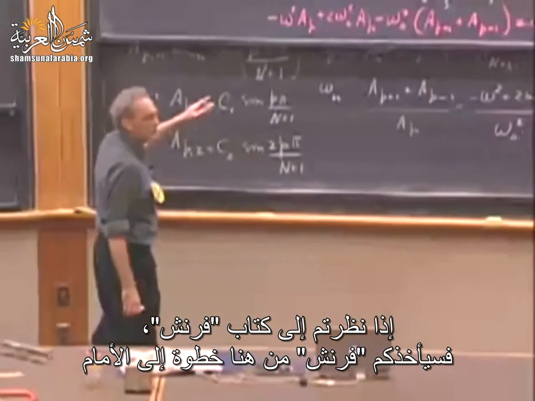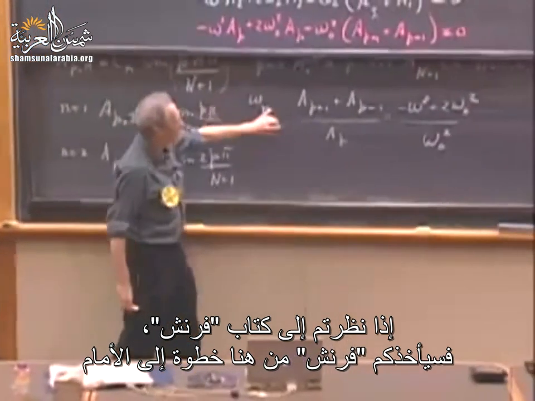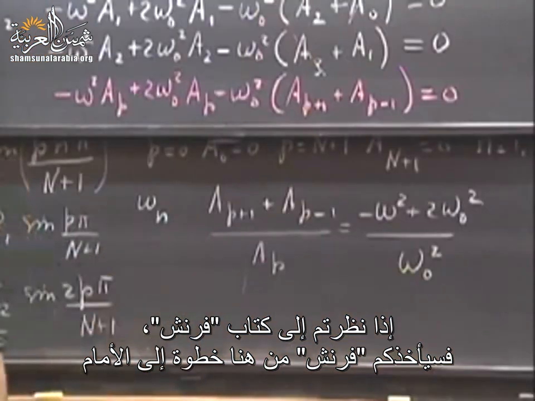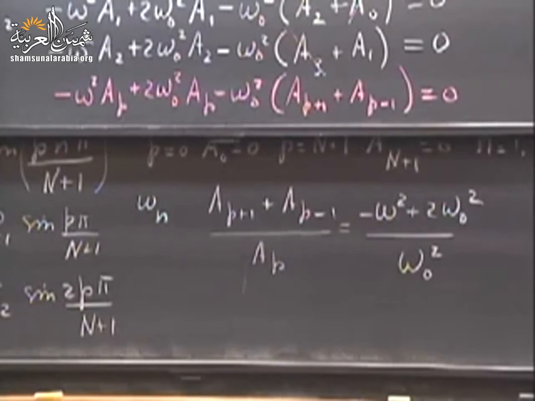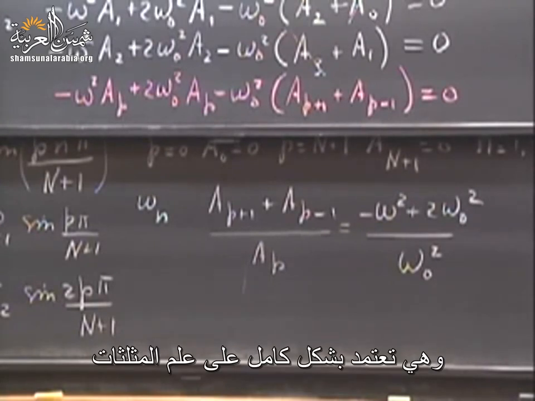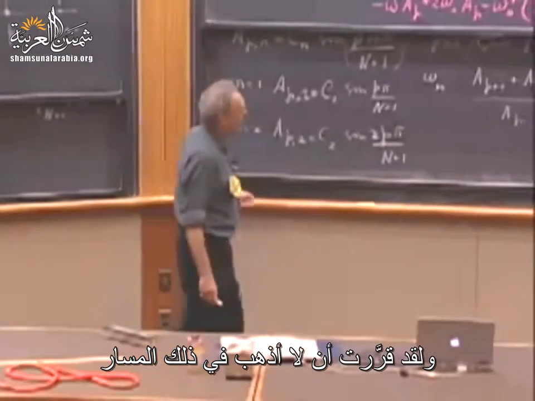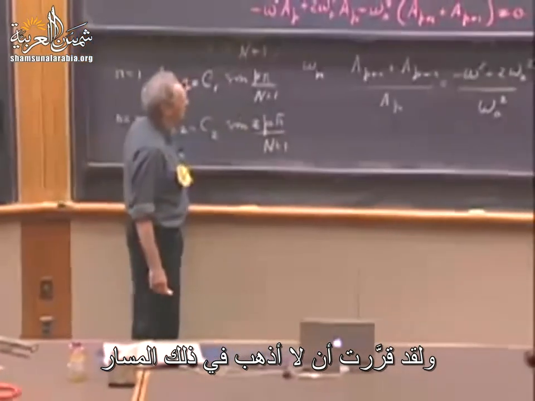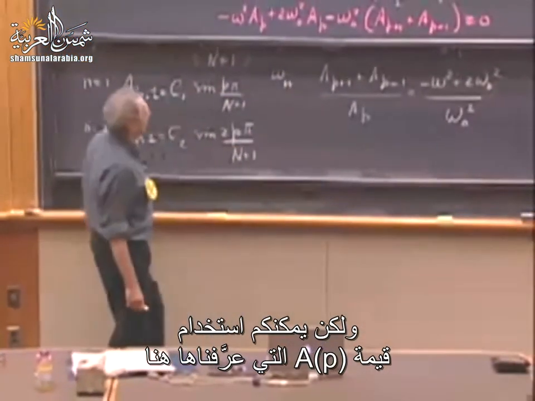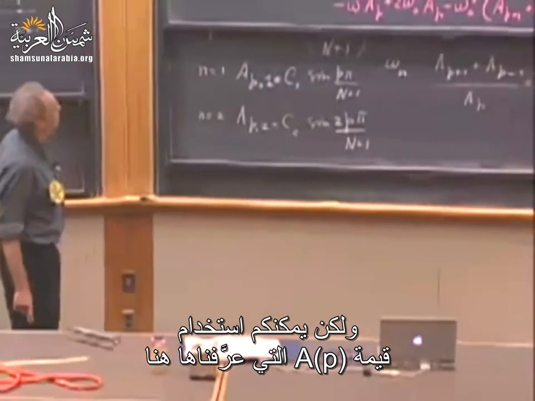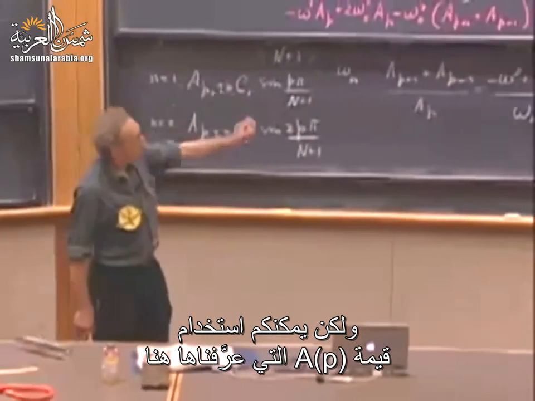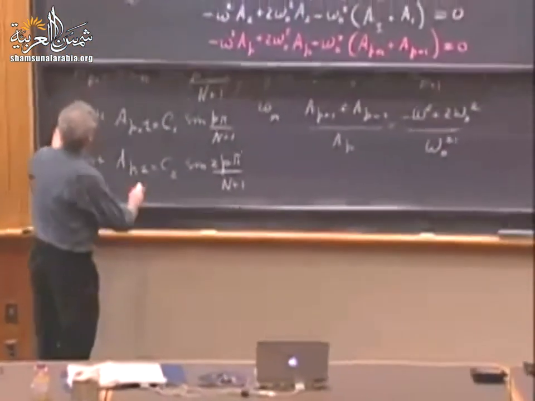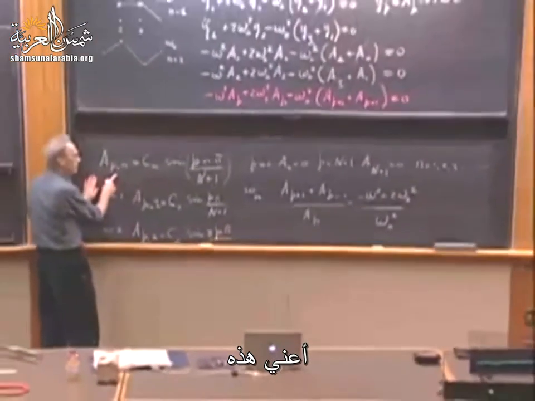If you look in French, French will take you from here one step further, which is pure trigonometry. And I decided not to go that route, but you can use the values for AP that we have defined, namely this one.